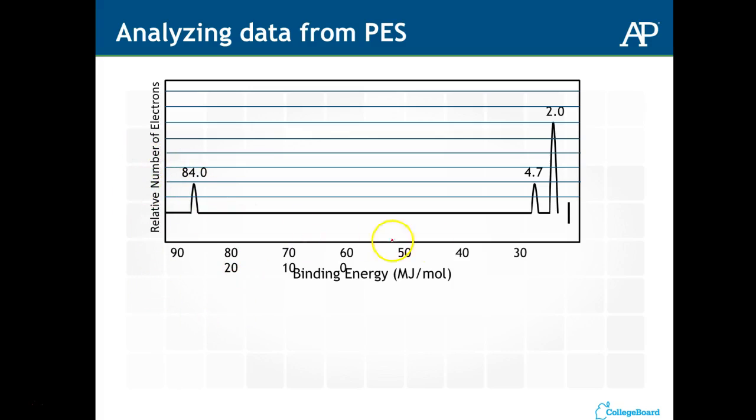This is an example of a PES for one element, and we're going to determine what that element is. Let's start by looking at how many electrons we have on our first peak. It looks like we have 2 electrons over here because of those 2 peaks, and they have a high ionization energy.